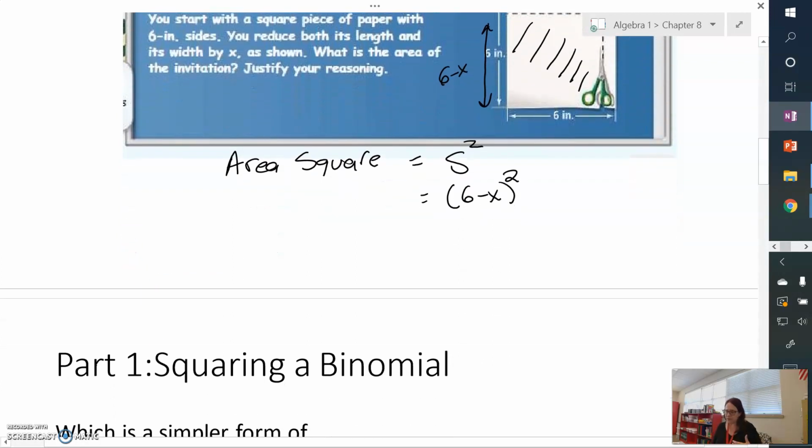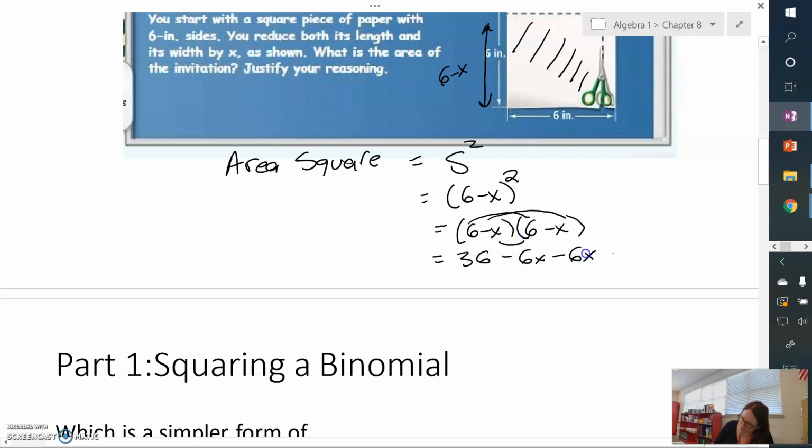And just like we've done before, we can work this out. Just remember that 6 minus x squared is the same thing as 6 minus x times 6 minus x. And then all you have to do is distribute. So 36 minus 6x minus 6x plus x squared.